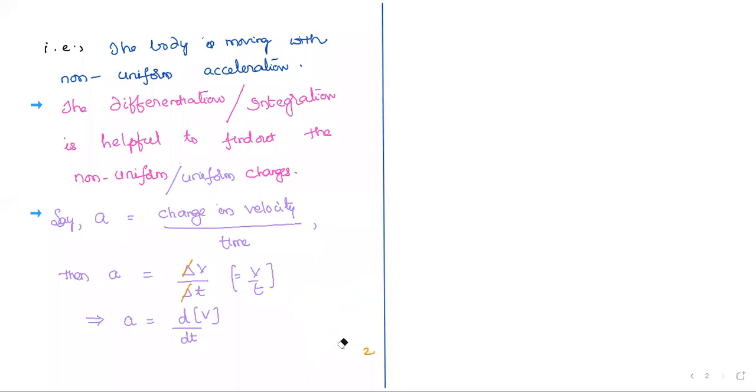If it is not possible to cancel, then how do you handle it? So here, in delta v by delta t, also don't cancel d and d. They represent the changes, but represented instead of delta in a different way, dv by dt, and it is given a name called differentiation. Here dv by dt is called differentiation.